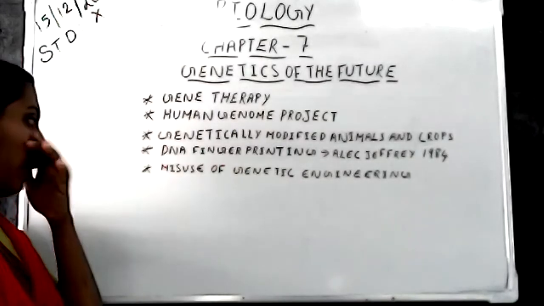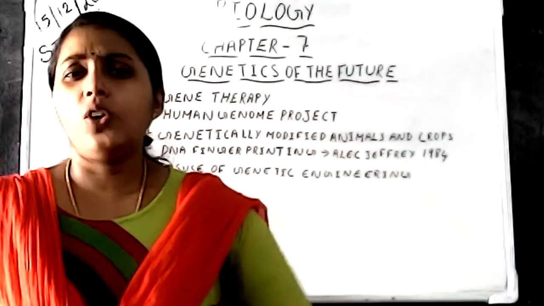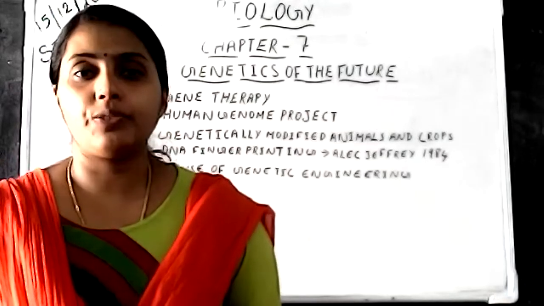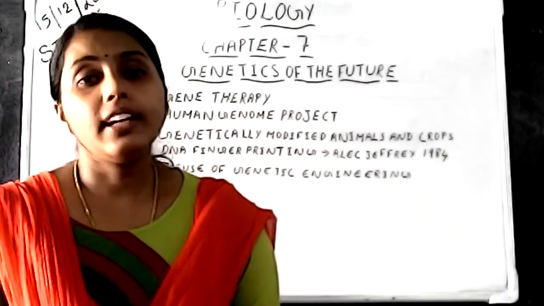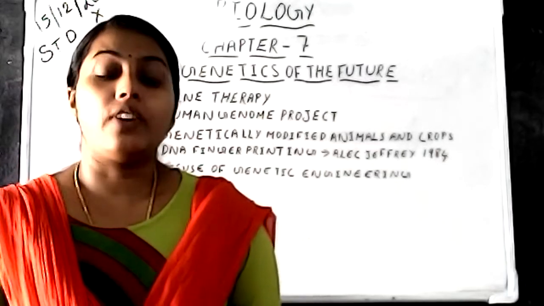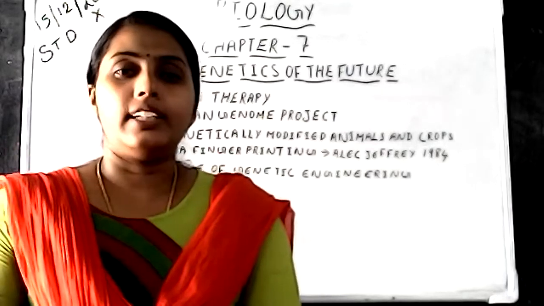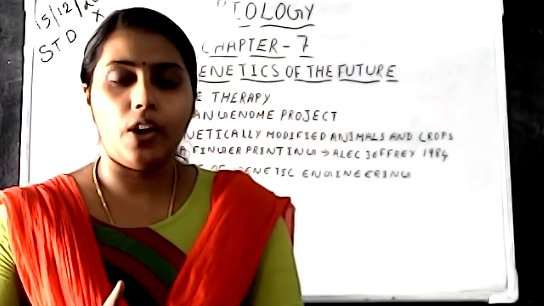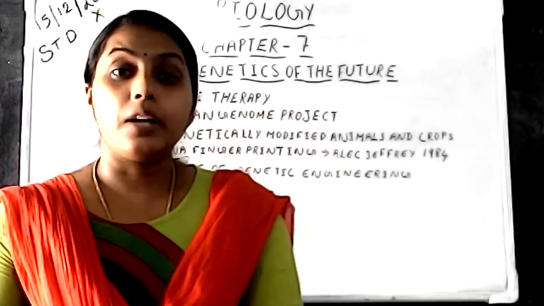The next is about the misuse of genetic engineering. We have discussed many uses of genetic engineering. As we always say about a coin, there are two sides of a coin. Each and everything will have a use and misuse.